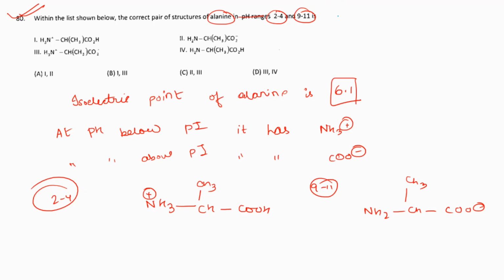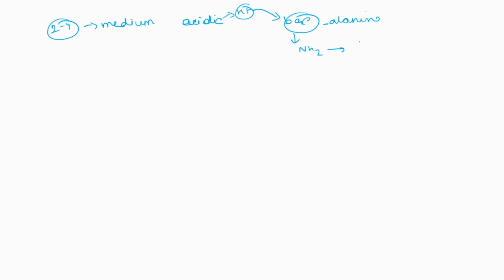When your pH is in the 2 to 4 range, your medium is acidic. Alanine has a base, NH2, so the hydrogen from the acidic medium will react with this base to form NH3 plus.